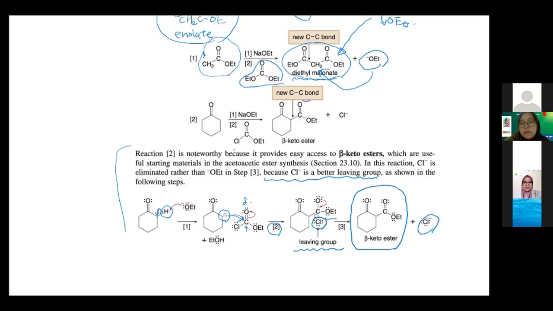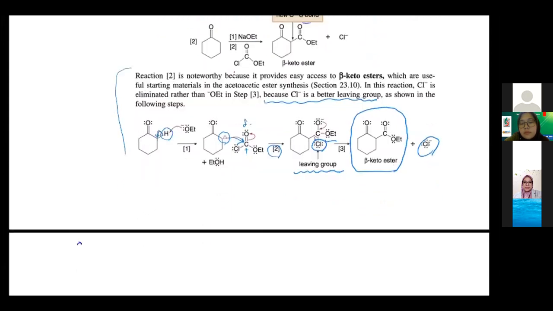The chloride minus here. Yes, these are very easy steps to follow. So here we have to keep in mind that chloride is a better leaving group than ethoxide.